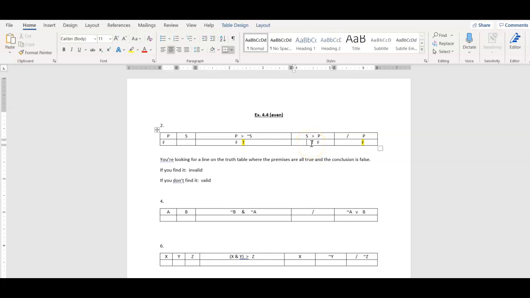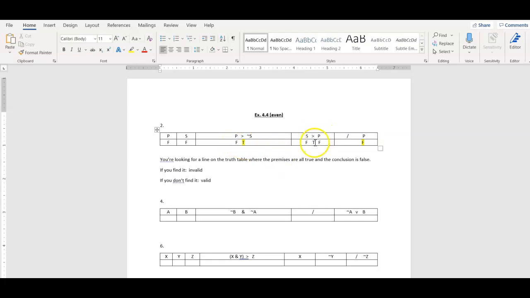But remember, we're trying to find a line where the premises are all true and the conclusion is false. And indeed, we have found it. So if P is false and S is false, the first premise will come out true because P is false and it's the antecedent of the conditional, so the conditional is true.